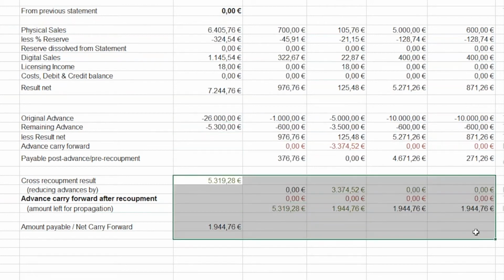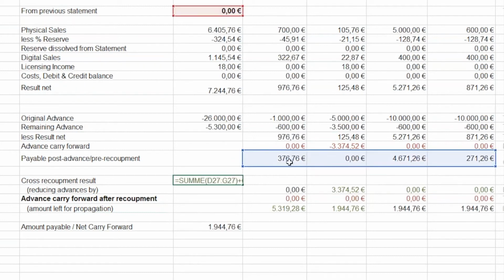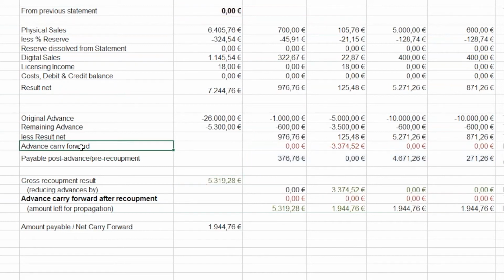Now here comes the second part of the magic, which is that the income of one can draw down the fortunes of others. So first we combine these potential incomes, which are the result after drawing down the remaining advance of individual contracts, plus from the previous statement any Übertrag, any net carry forward, not to be confused with an advance carry forward.